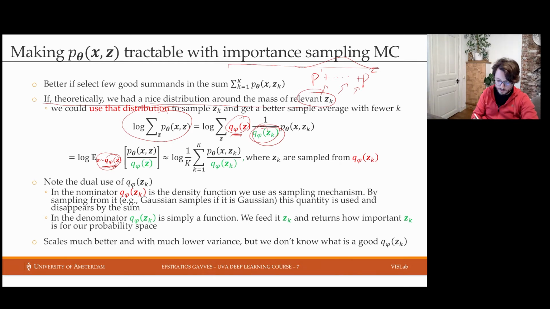So again, if we had a Gaussian here, I can input any input and see what exactly is the output of my probability density function, and that is exactly the purpose of the green Q phi. It acts as a function which normalizes the joint probability that I'm computing for x, z.